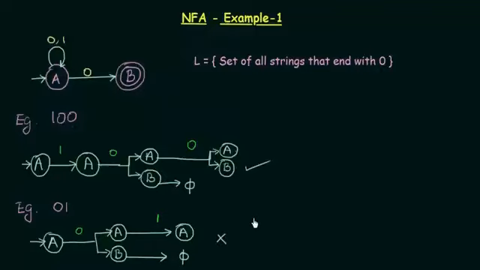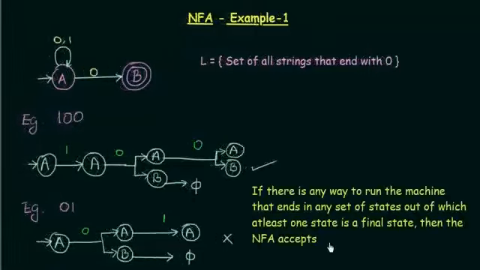Now, how can we formally write down when a string will be accepted? If there is any way to run the machine that ends in any set of states out of which at least one state is a final state, then the NFA accepts. In the first example, we ended up in the set of states A and B, out of which B was a final state, so the string was accepted.